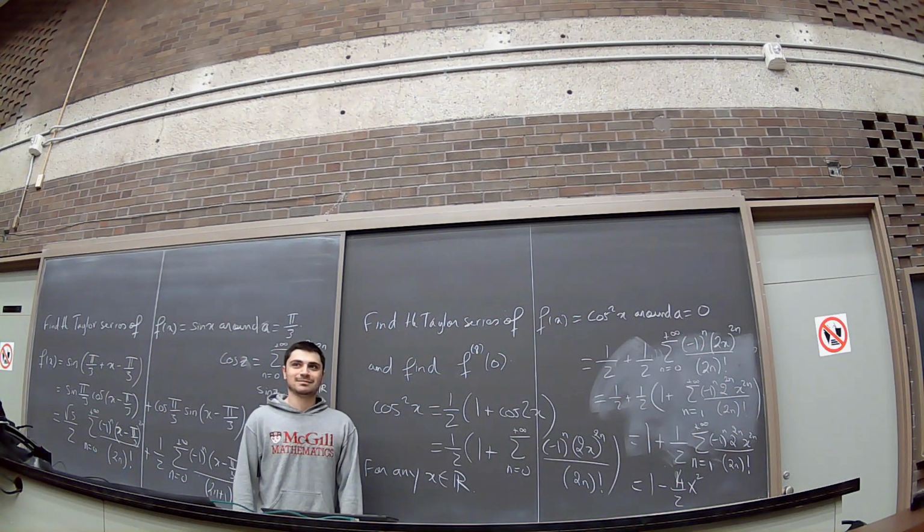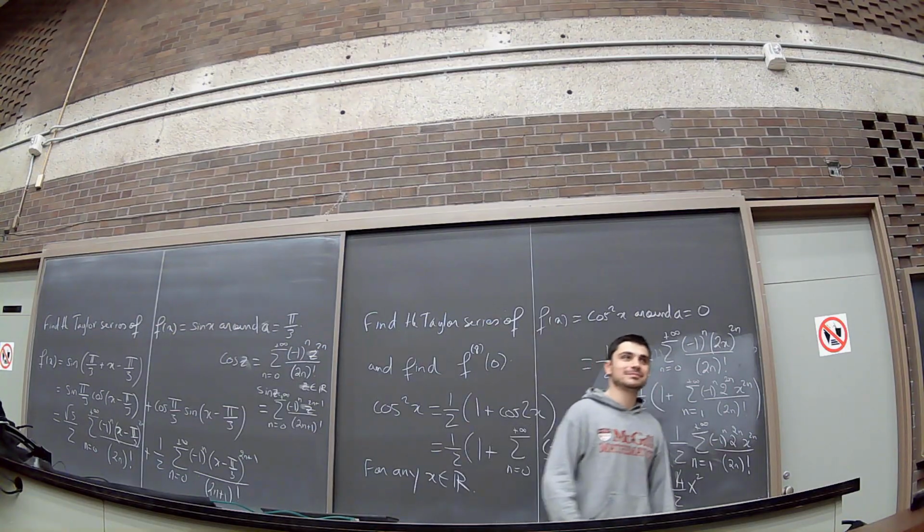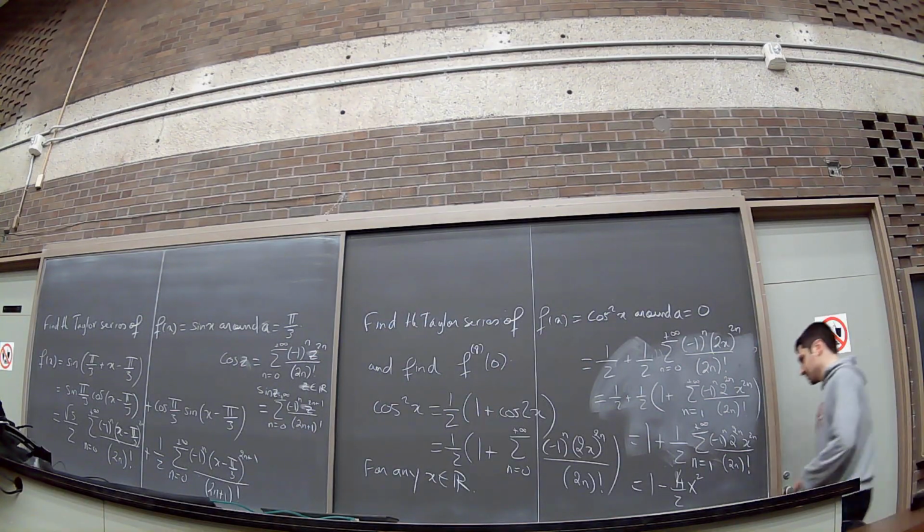Why did I know that the 1/2 is wrong? That's for cosine, exactly. You guys see this? Just expand it. I just want to regroup the x to the 0 term alone. And that's it.